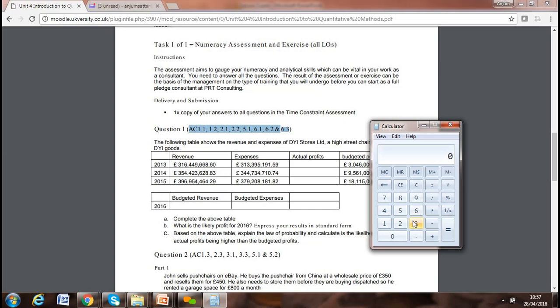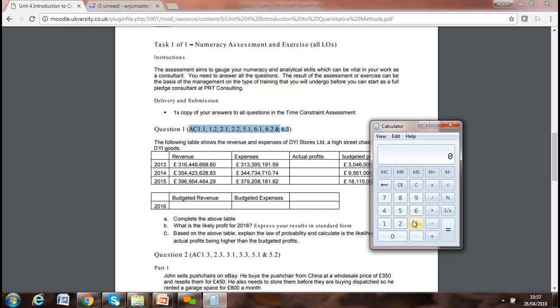Each year the revenue is increasing, but with a decreasing percentage, different percentages. 2013 to 14 was 20%, and 2014 to 15 was 12%.